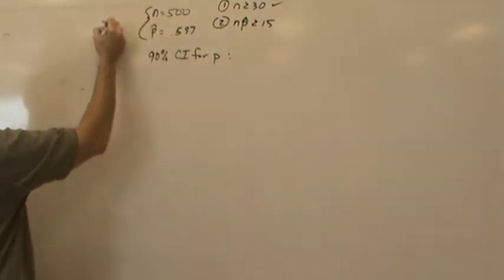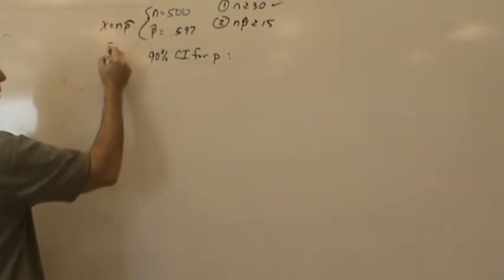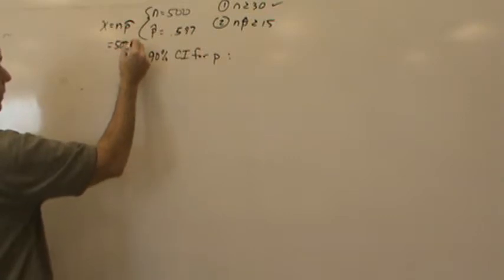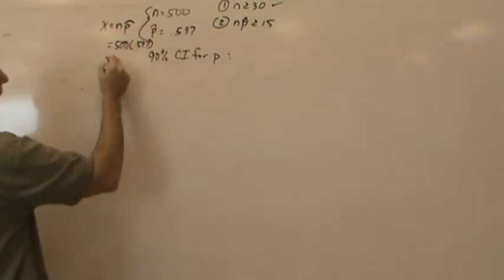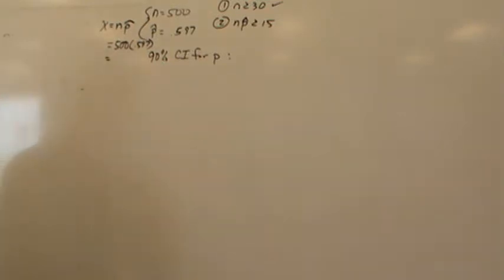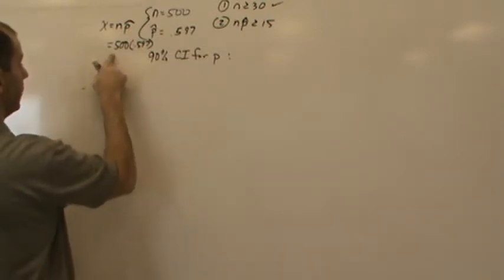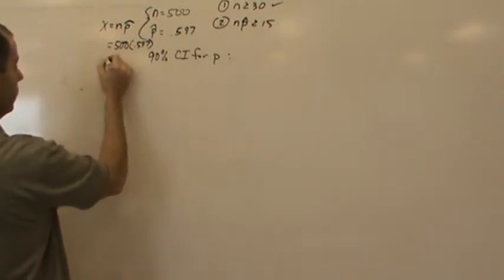Here, x is equal to n times p hat, which is going to be 500 times 0.597.